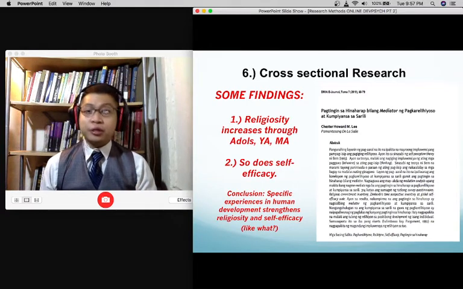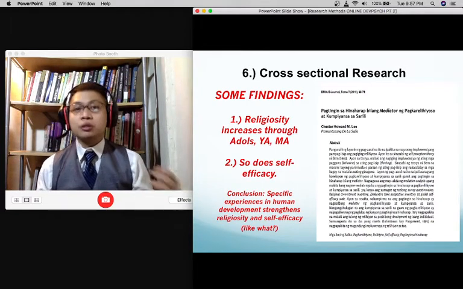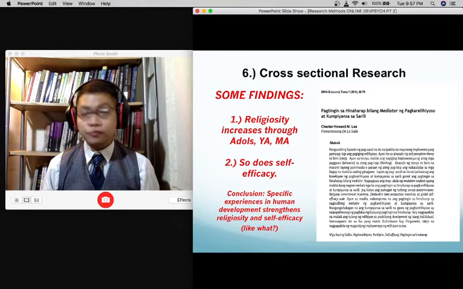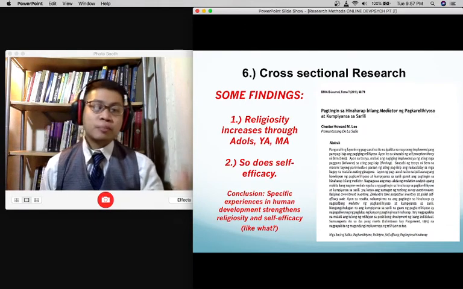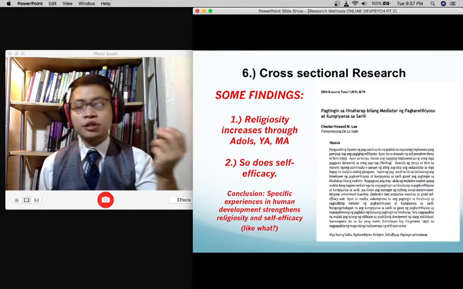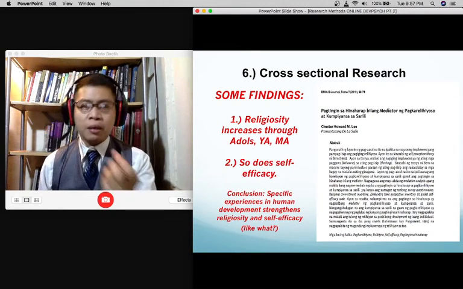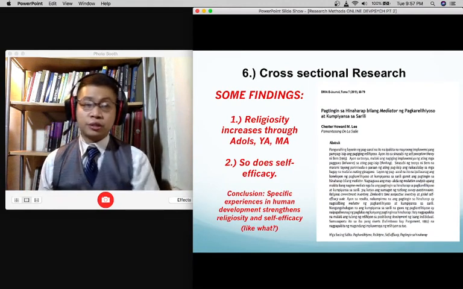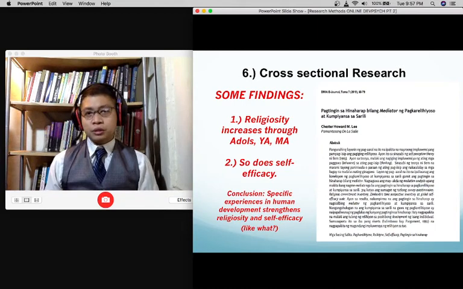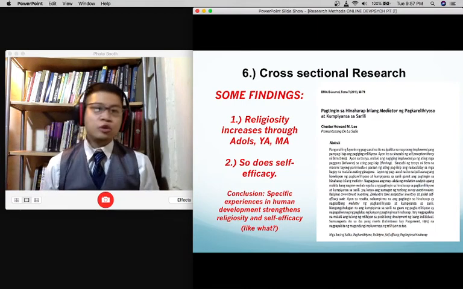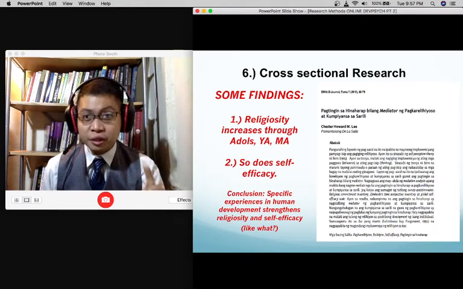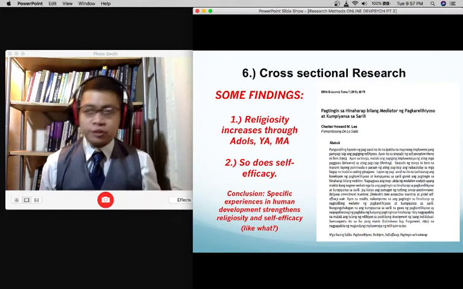Ganun din yung pattern ng self-efficacy or layman's terms, self-confidence, general self-confidence. Pinakamataas yung mga nasa middle age, sunod yung mga nasa young adulthood, pinakamababa ang self-efficacy ng mga adolescents. Which makes me conclude that there are specific experiences in human development that strengthens religiosity and self-efficacy.